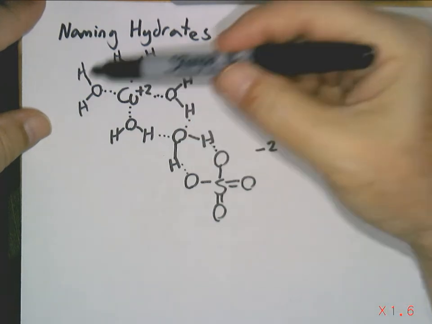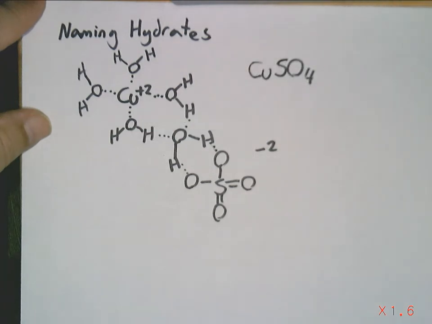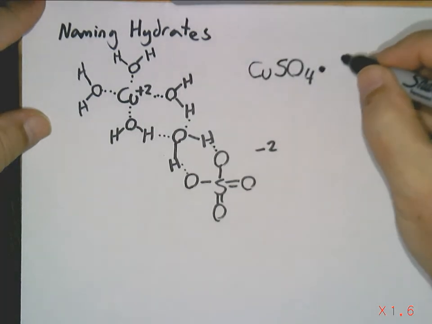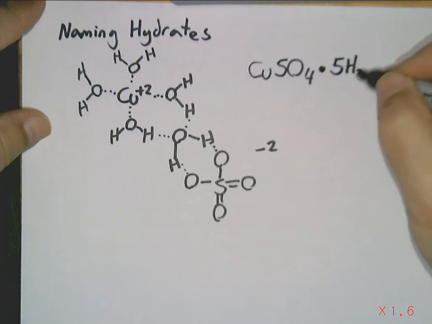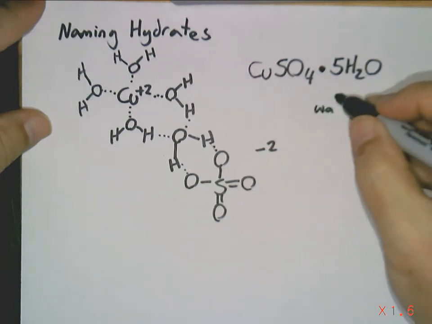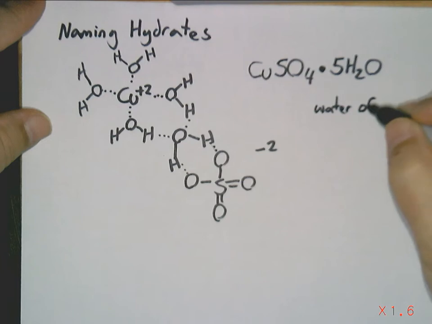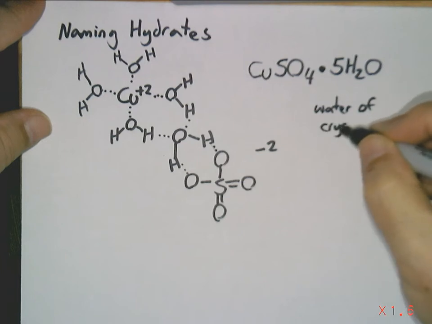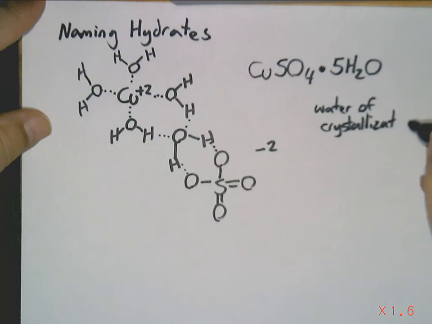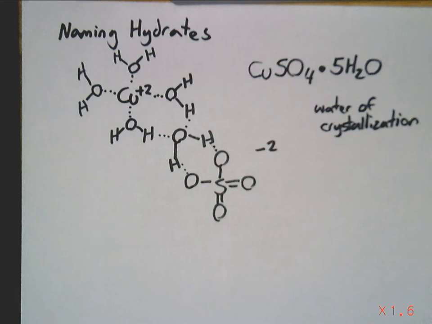And there are 1, 2, 3, 4, 5 waters holding this structure together. These waters are called waters of crystallization. And they lock in there in a definite ratio. There are 5 waters for every copper-2 sulfate unit that are in there.